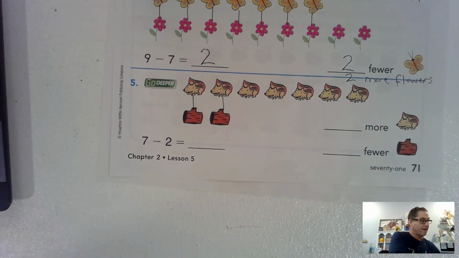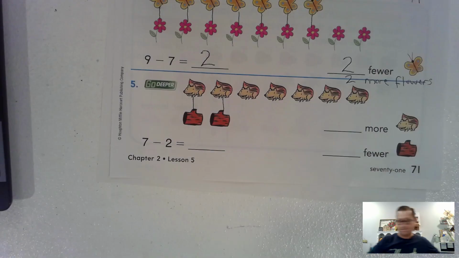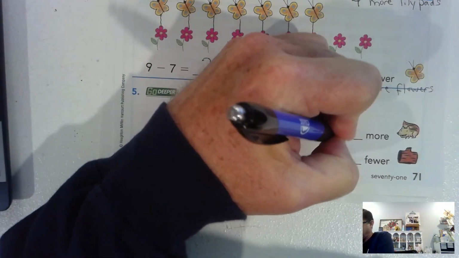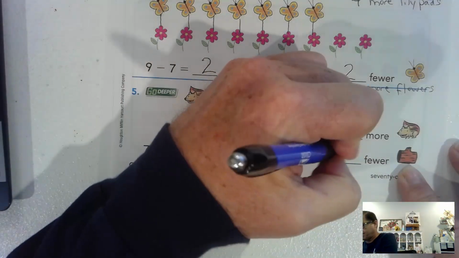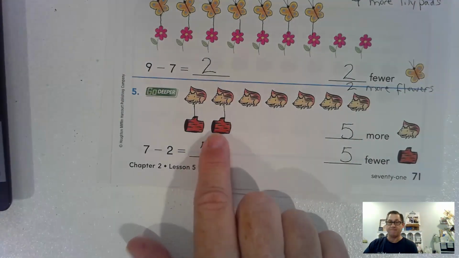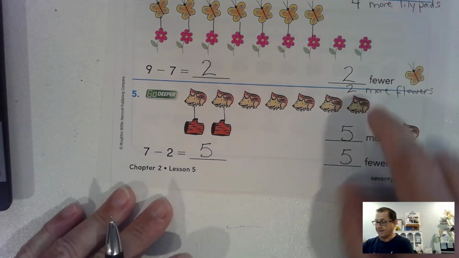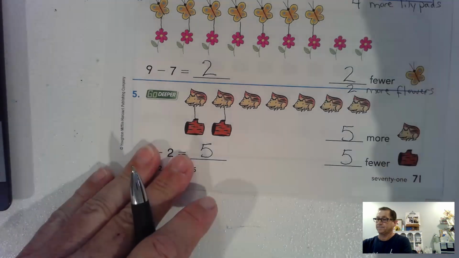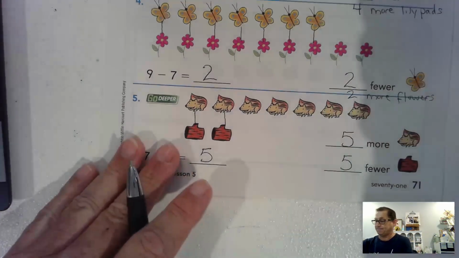There are 5 more, right? Okay. 5 more, or 5 fewer. And again, notice that the difference is the same whether we say more or fewer. It just depends on which ones you were using in the comparison.